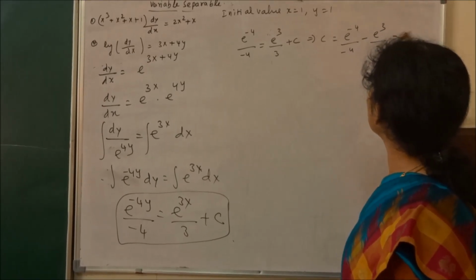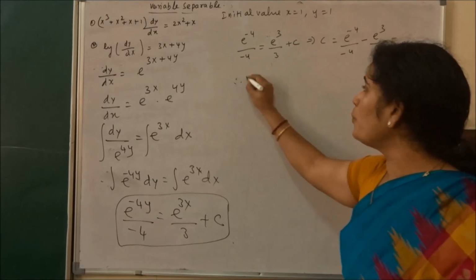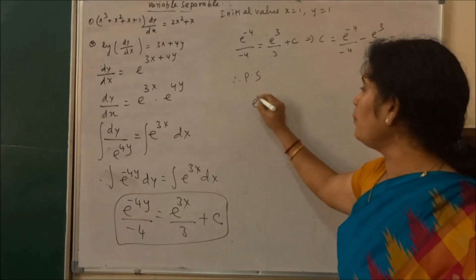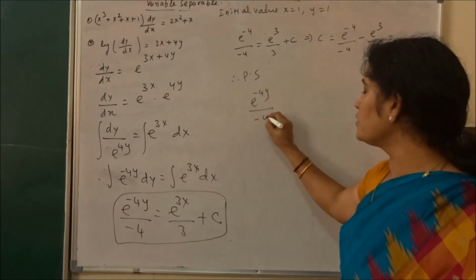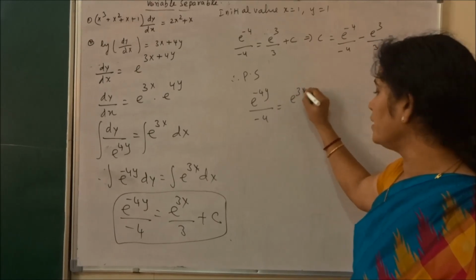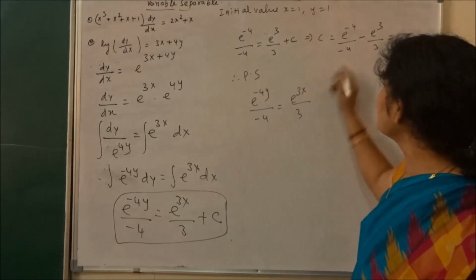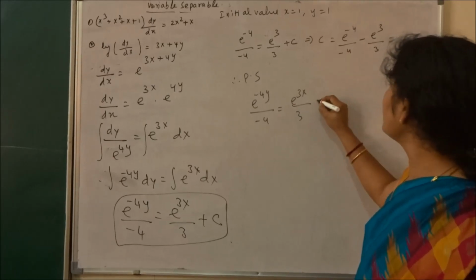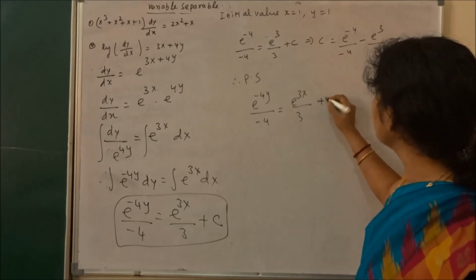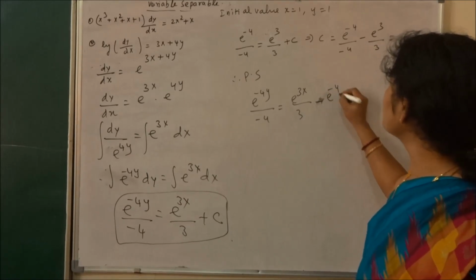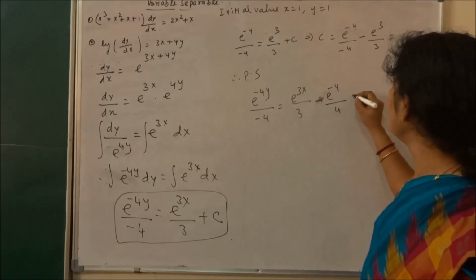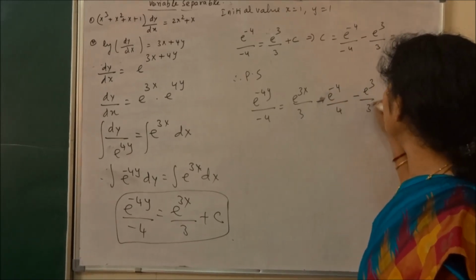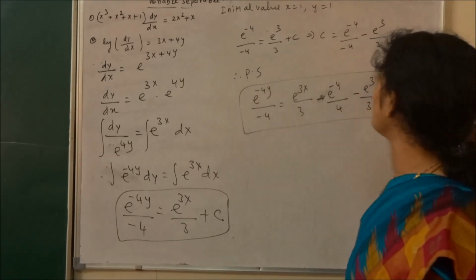So therefore the particular solution is e power minus 4y upon minus 4 equal to e power 3x upon 3 plus c. If you want to simplify, you can simplify this part. So this is called the particular solution.